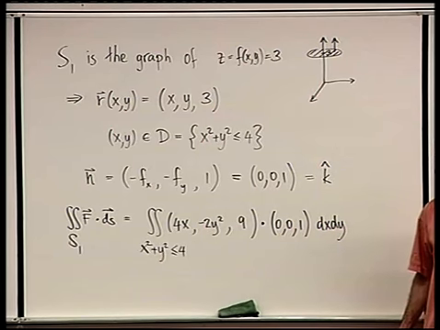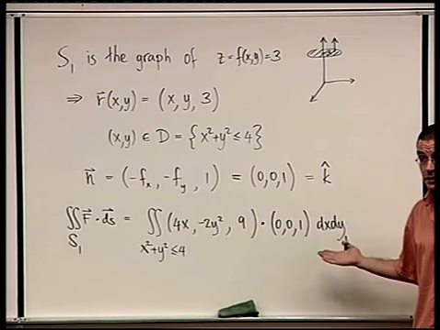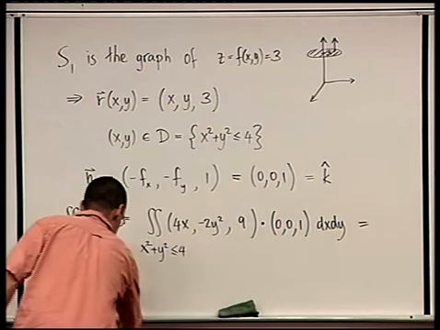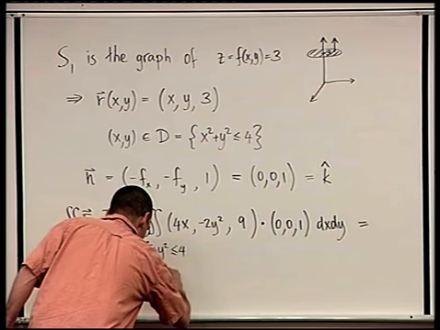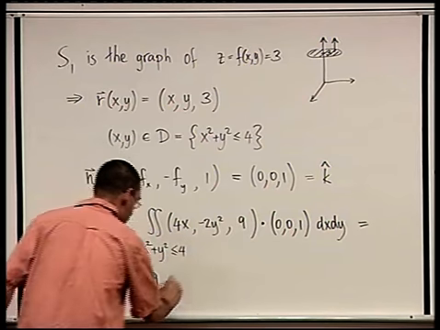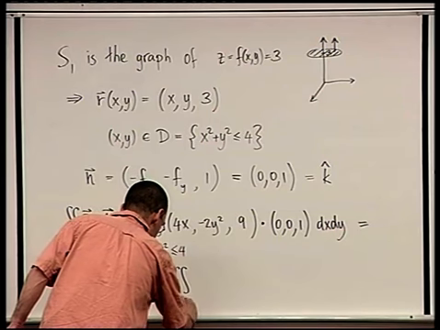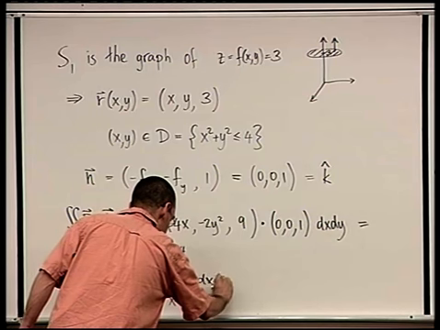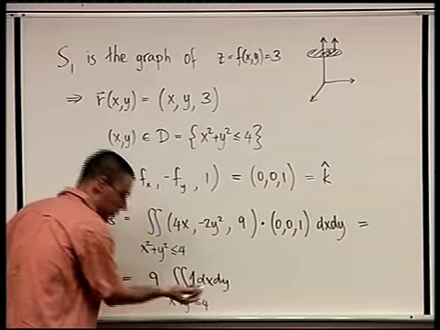Clear? Now dotting these two vectors is really fun. You just get 9. So this is 9 times the double integral over this disk, dx dy. What's the double integral of the function 1 over a domain?